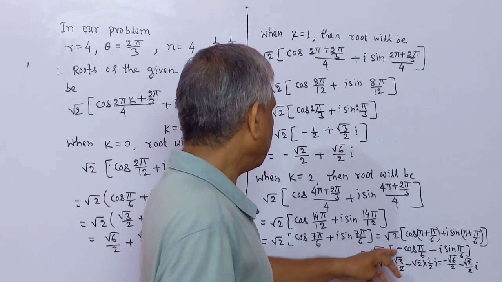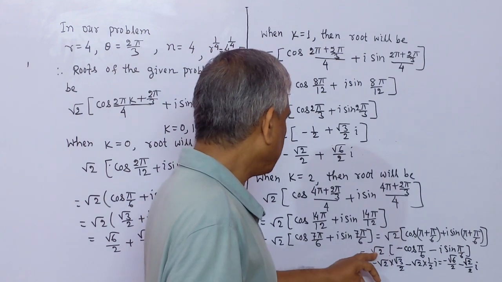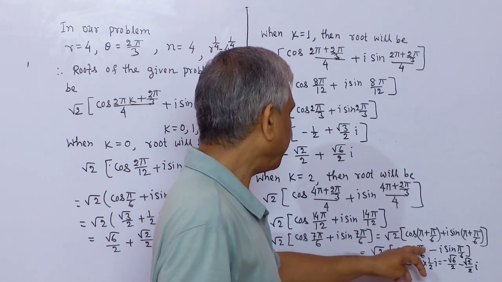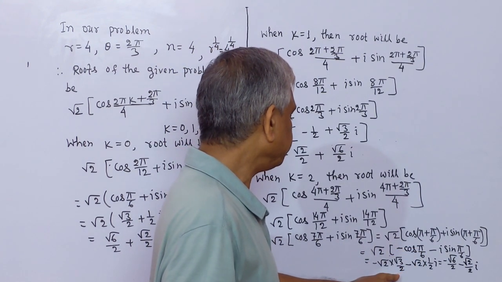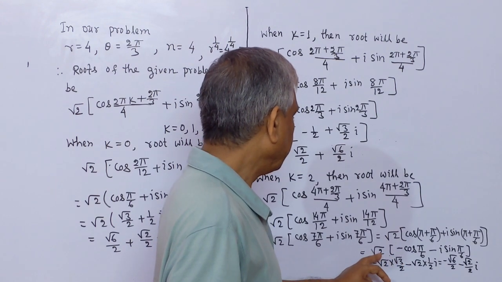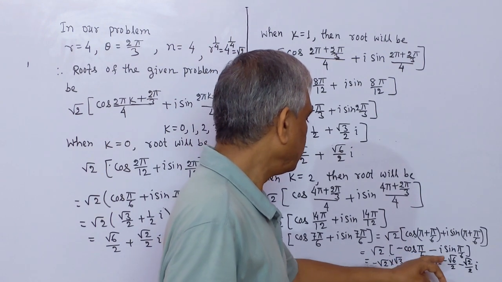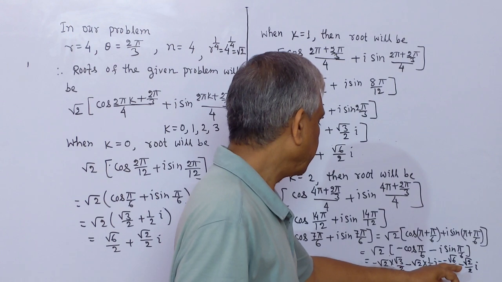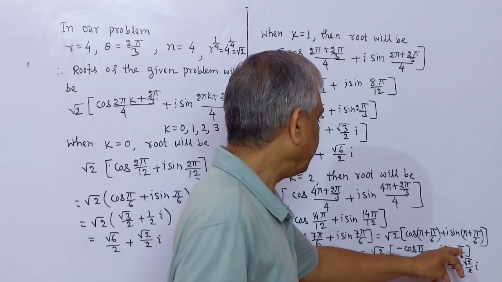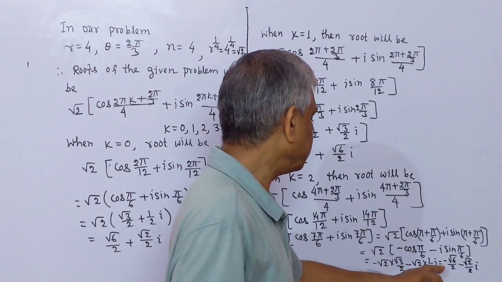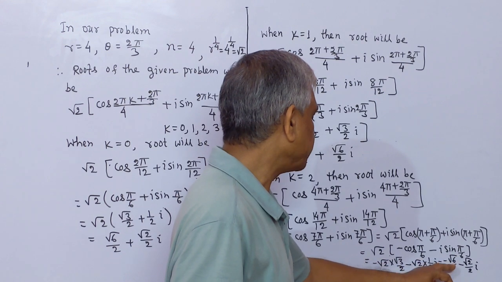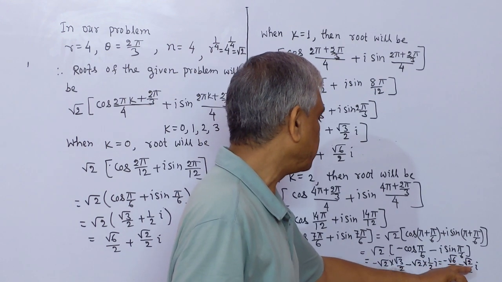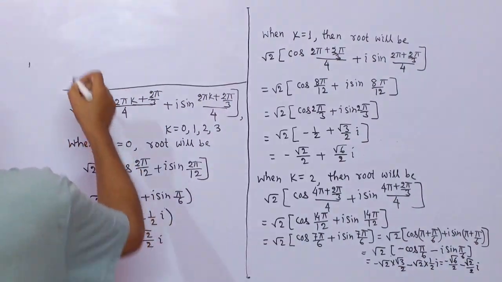So this is equal to minus square root 2 cos pi by 6 is square root 3 by 2 minus square root 2 I sin pi by 6 is half. So this is equal to minus square root 6 by 2 minus square root 2 by 2 I.